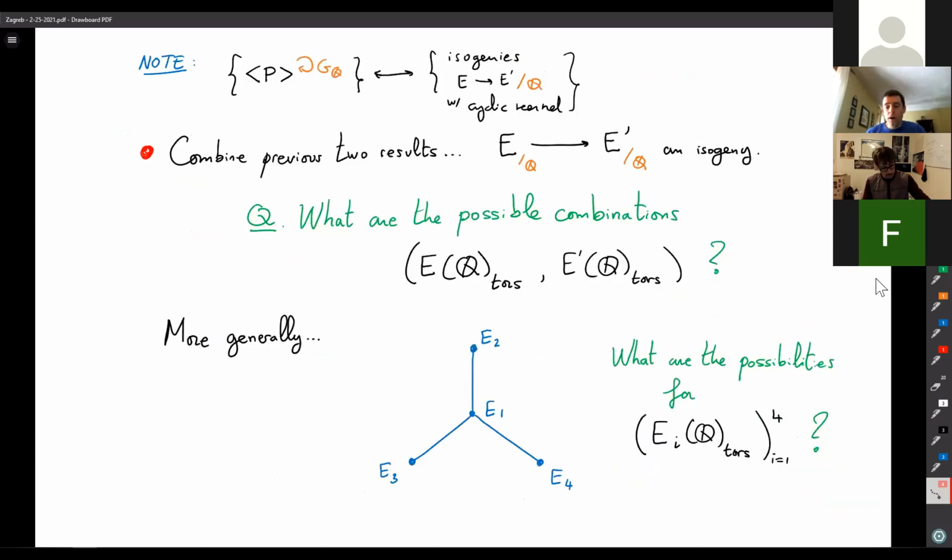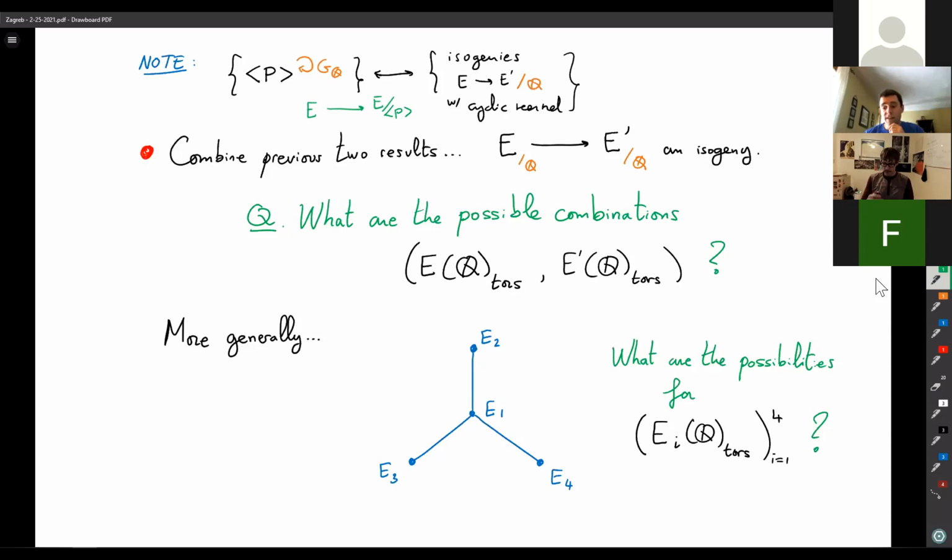Okay, so let me combine the previous two results. By the way, points that generate a cyclic subgroup that is Galois invariant correspond to isogenies. If you form the map that goes from E to E modulo P, then you get an isogeny that is defined over Q because the kernel is Galois invariant.